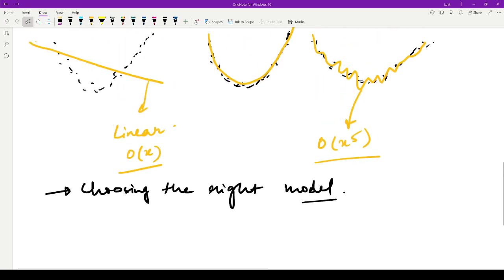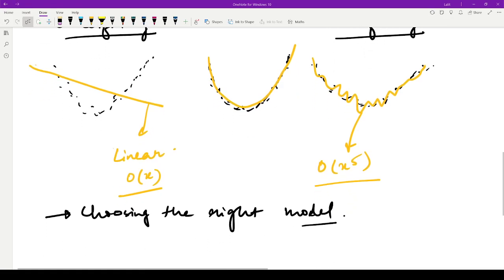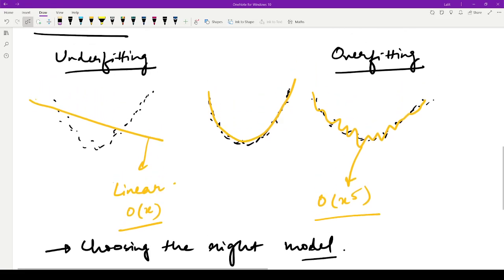so how can you detect that you are underfitting? You divide your data into train and test samples. So in the underfitting case, what happens? Anyone? What happens in the underfitting case?